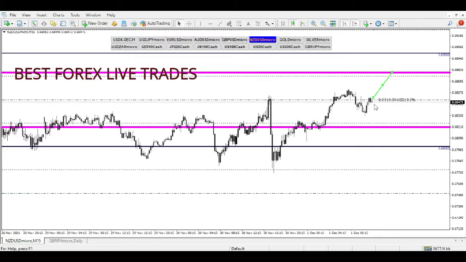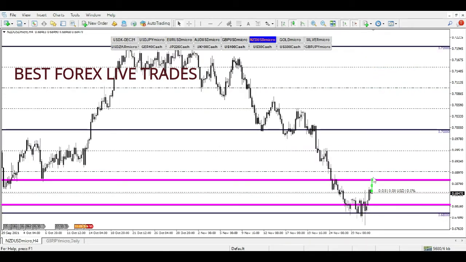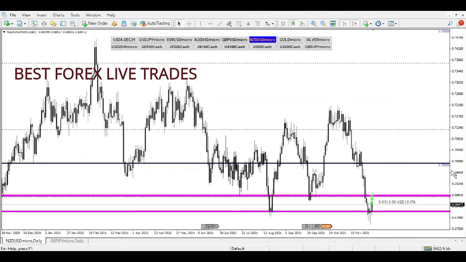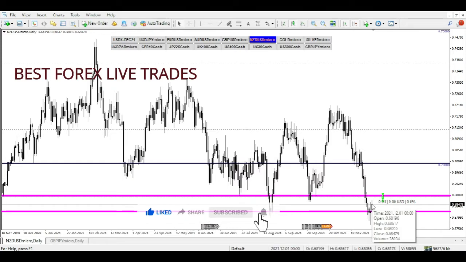I'm not looking for sales, I'm looking for buy opportunities here, so that we can continue going to the next level, because that's what I am seeing on a higher time frame, the daily. So what I'm waiting for is for price either to come to this level or to break through, and actually continue buying, not look for sales.